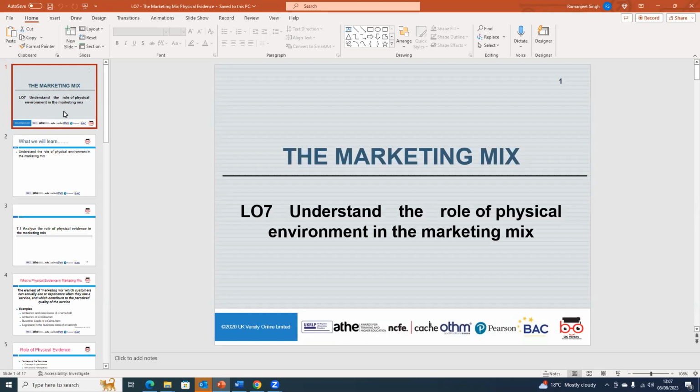Without place, we cannot get a physical environment. In the physical environment we also have people, and in the place we also have people. All right, so it's all connected. But specifically, place is to do with what? The distribution.